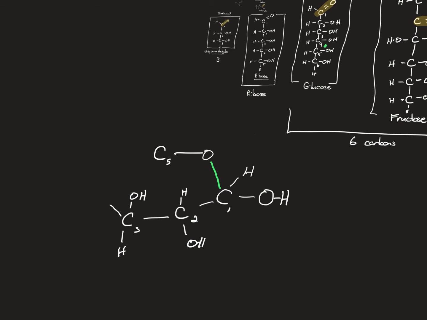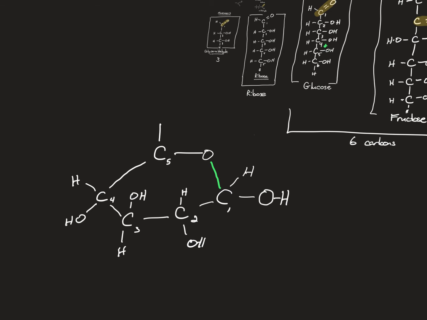But there's your 3rd carbon. Your 4th carbon then, of course, has an OH here again, and a hydrogen sticking out. That's going to be connected to your 5th carbon, which is already part of the ring, as you see here. So that's what helped close it off.